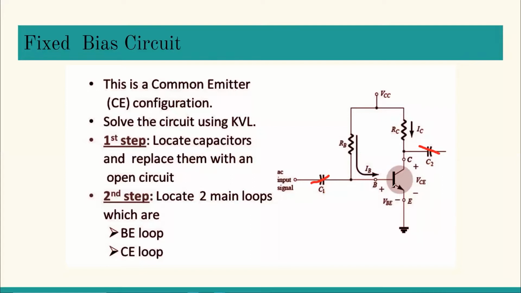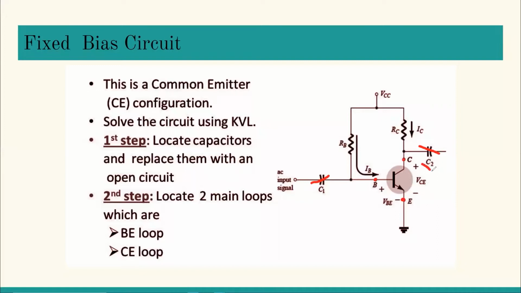Before going to that, understand what VCE and VBE are. This is the transistor. This is the collector terminal, this is the base terminal, and this is the emitter terminal.